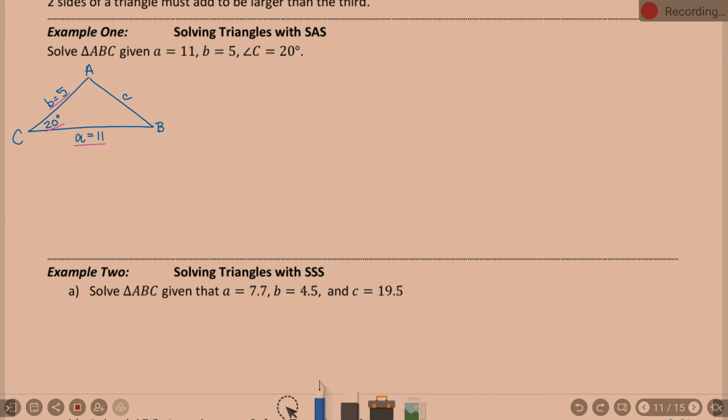Because we're given angle C, we're going to start with the bottom version, which is C squared equals A squared plus B squared minus 2AB cosine of angle C. I know that's the one I'm using because that's the one that takes angle C. Okay? Fill in your information.